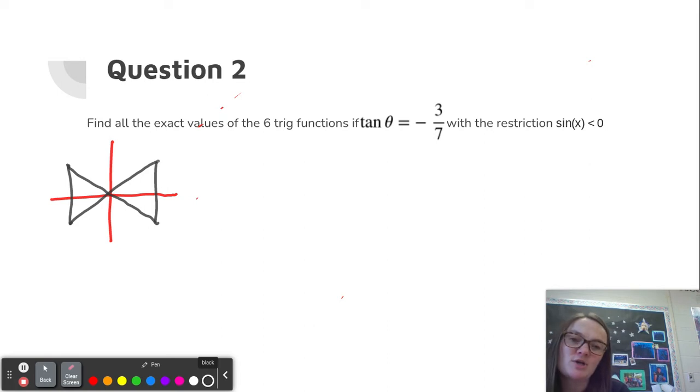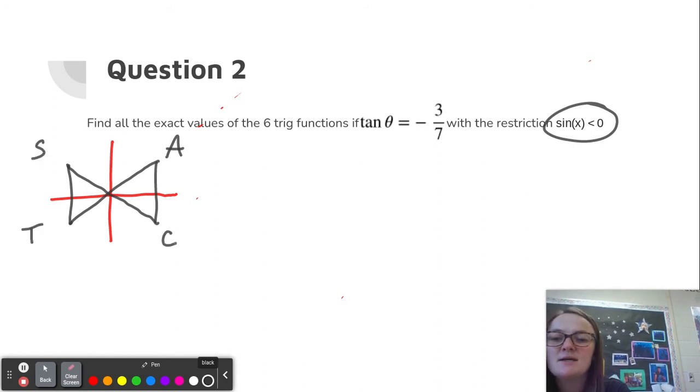So I want to figure out which triangle I should be in. Well, if sine is less than 0, if I remember All Students Take Calculus, it's going to be less than 0 here and here. Everything's positive here, and sine is positive here. So it's not going to be here or here. So I need to narrow it down between these two triangles.